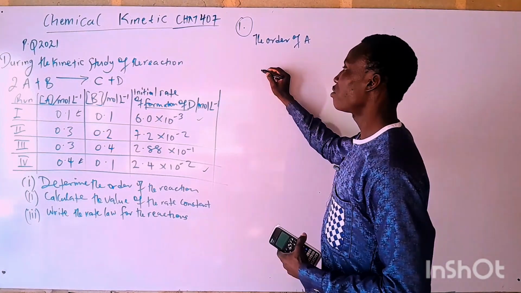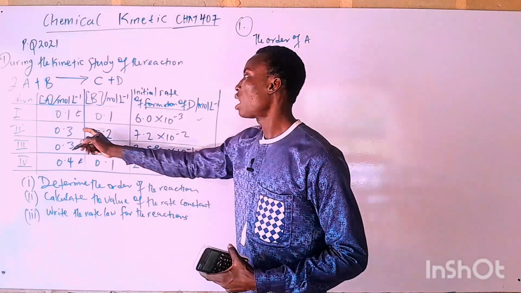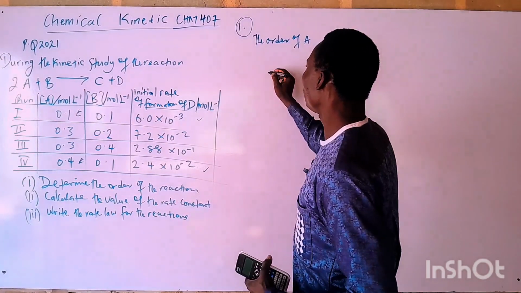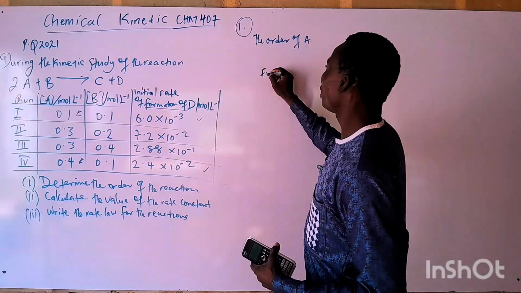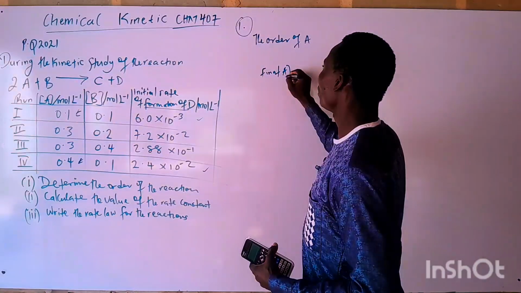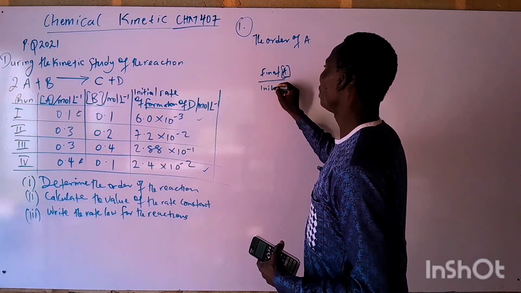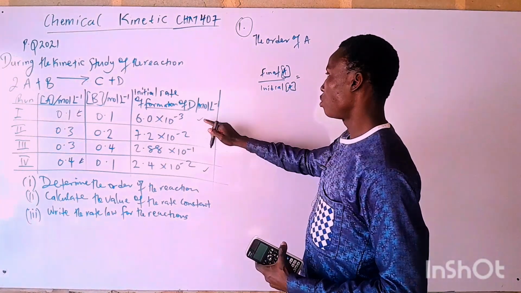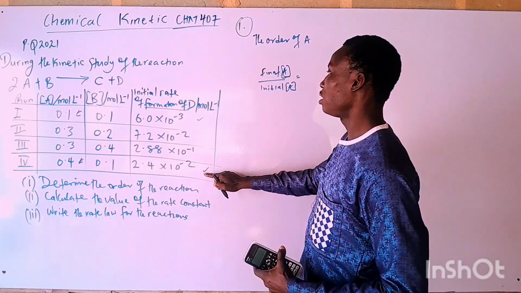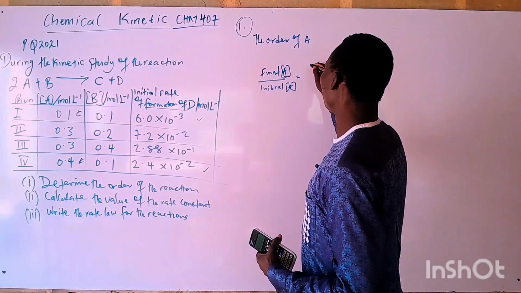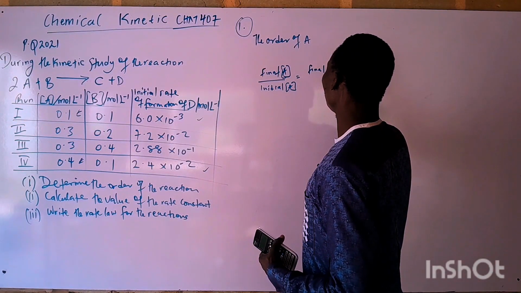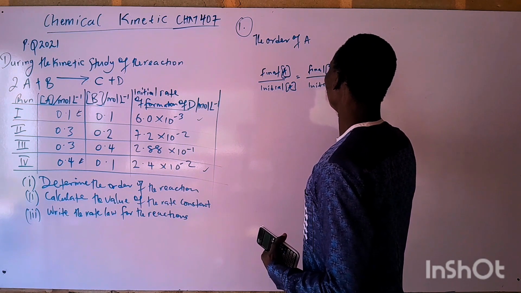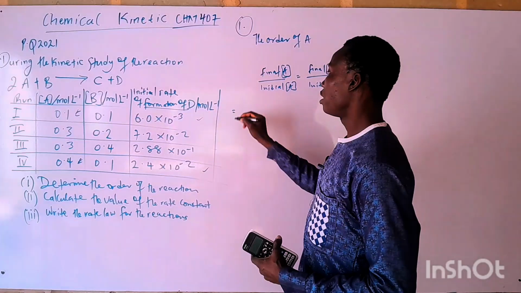So from what we have there, we are going to take this one as initial, we take this one as final. That will be the final of A over the initial of A equals to, from what you have in this place, the final of D over the initial of D. Okay, there we go.